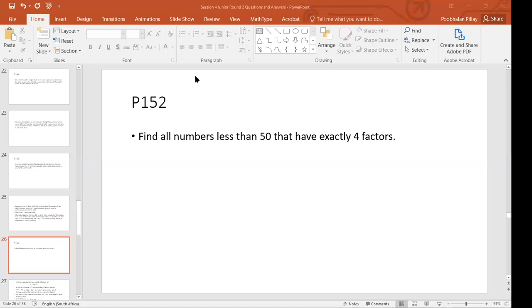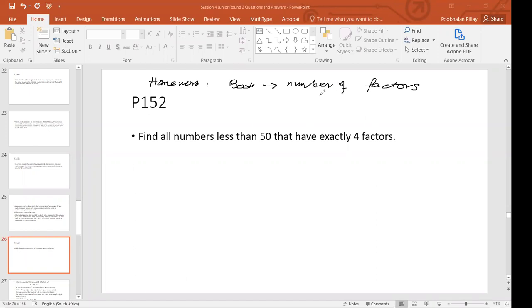I want you to go to the book and look for a small section entitled something like "the number of factors." You can type that, or look at the index at the front for anything which says number of factors.